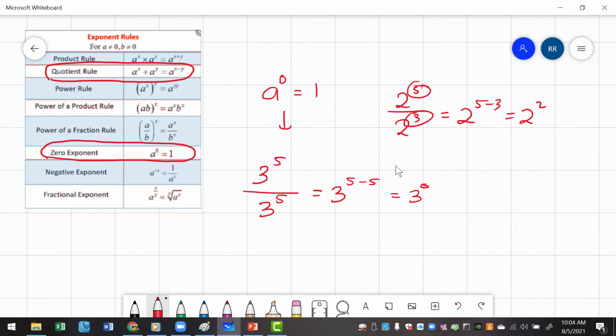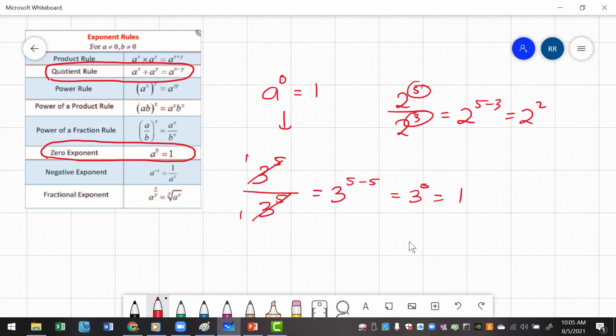And as you have known, if you have the same value on the numerator and denominator, you can just cancel it. This is 3 to the power of 5, and this is also 3 to the power of 5. So I can divide both of them by 3 to the power of 5. I will get 1 over 1, and 1 over 1 is equal to 1. So there we go. That is why a to the power of 0 is equal to 1.